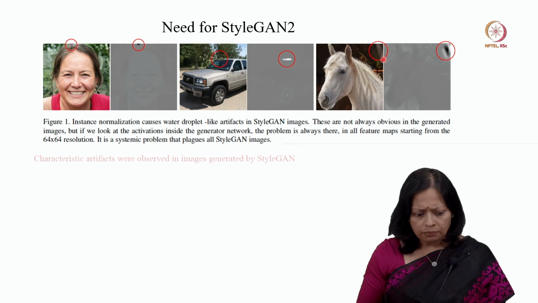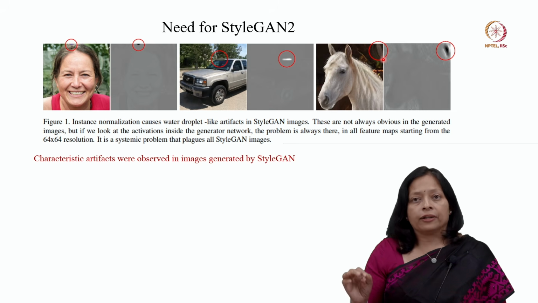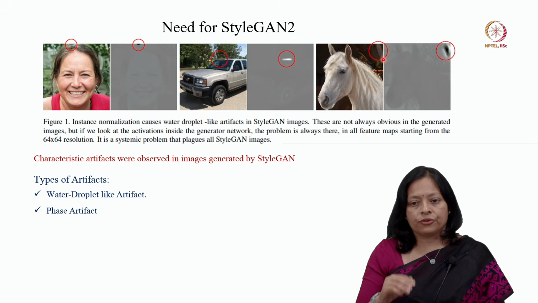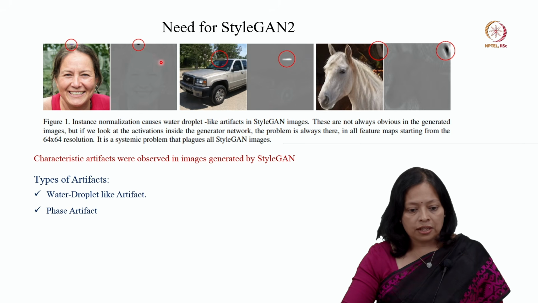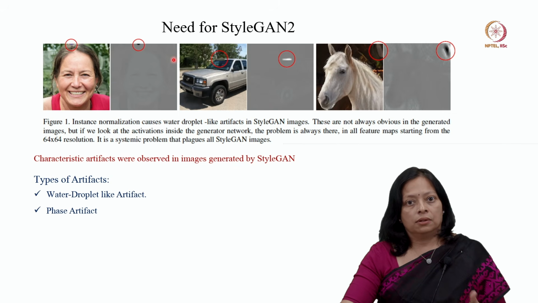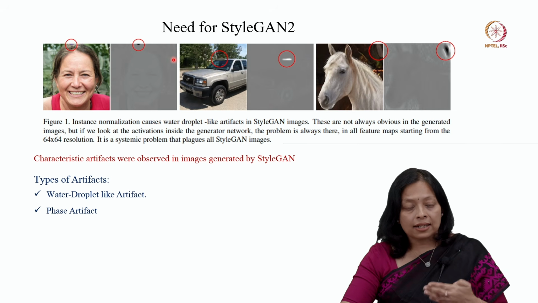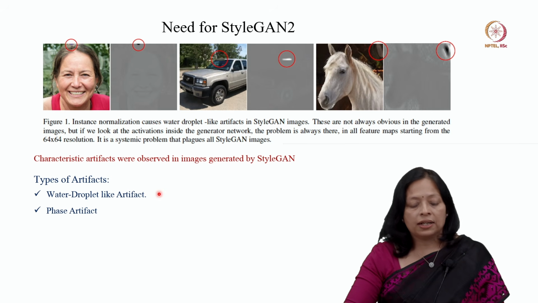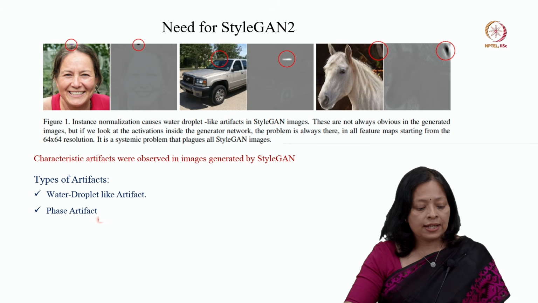There are characteristic artifacts that were generated by StyleGAN. These are the images generated by StyleGAN, and people discovered two types of artifacts. One is the water droplet like artifact, another one is the phase artifact.